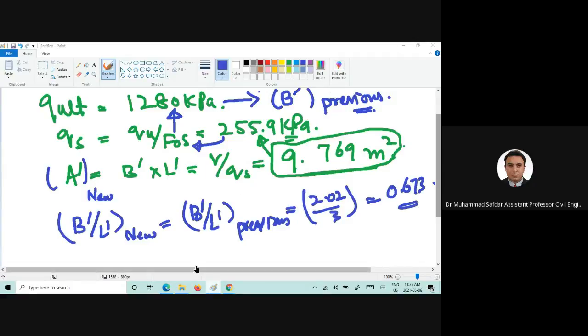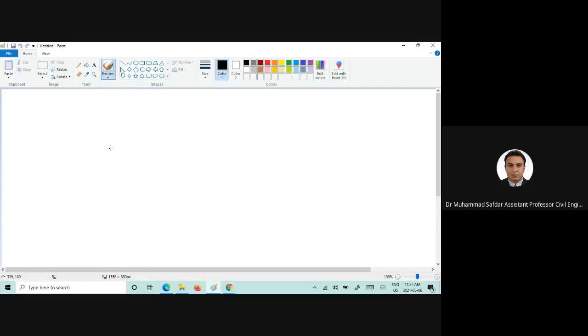Now we will solve for B prime and L prime. So how are we going to do that? We will solve very simply.